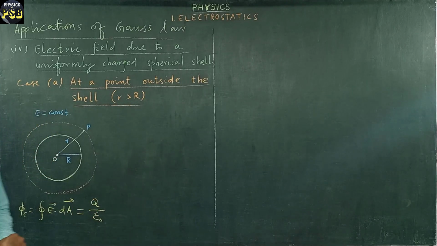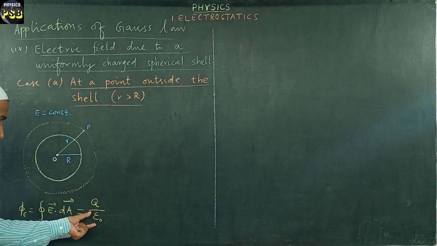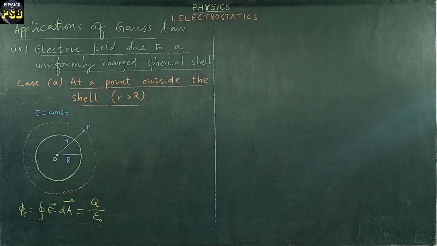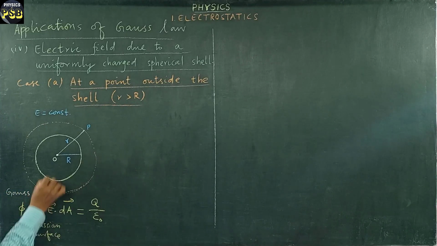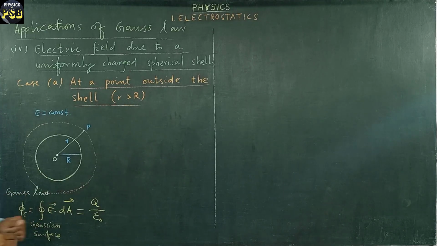Here epsilon naught is the permittivity of free space. Now here the closed integral is taken on the Gaussian surface. So this is nothing but Gauss Law. With the help of Gauss Law, I am going to get the expression for E.